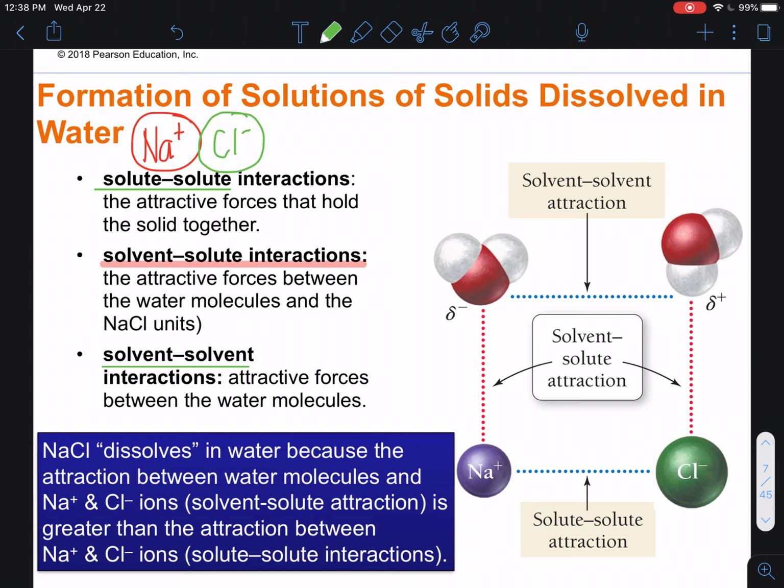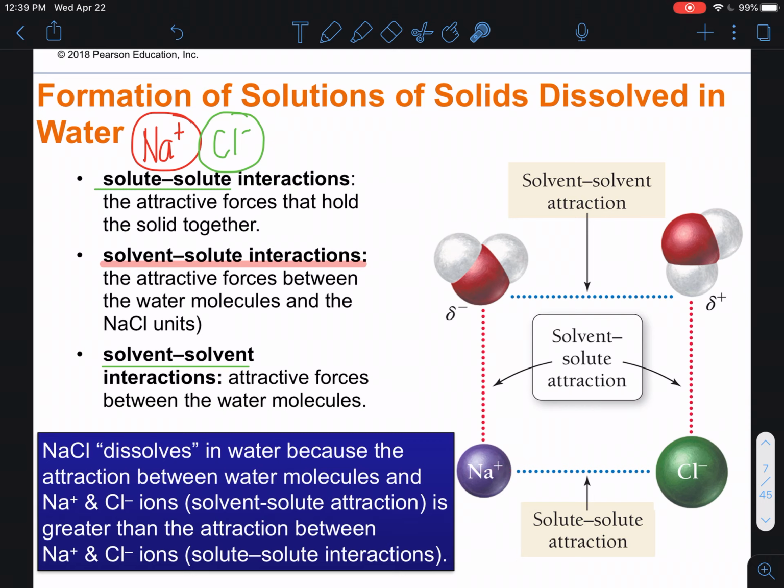But let's just say that because there are so many water molecules per ion, and because the water molecules are attracted to the ions in a respective manner, those attractive forces are greater than the solvent-solvent attraction or the solute-solute attraction.